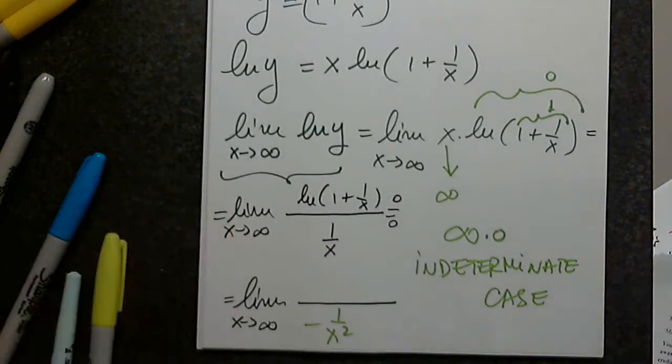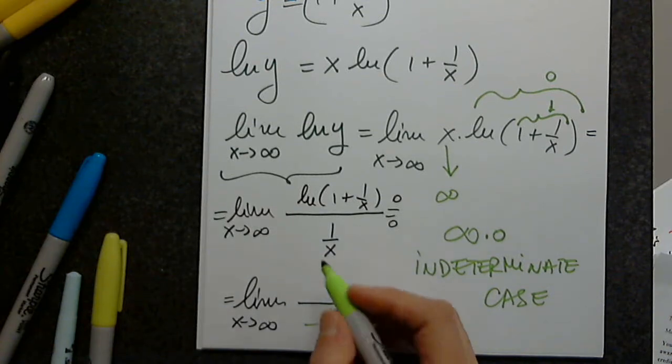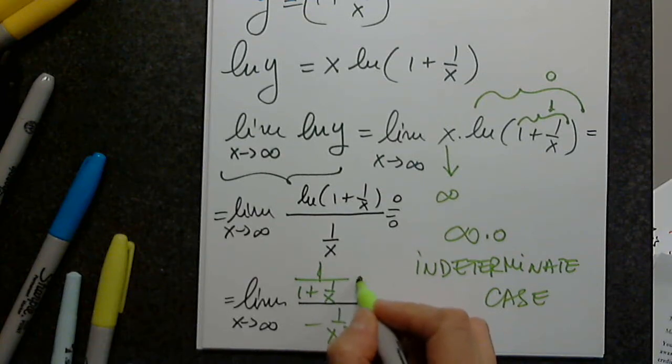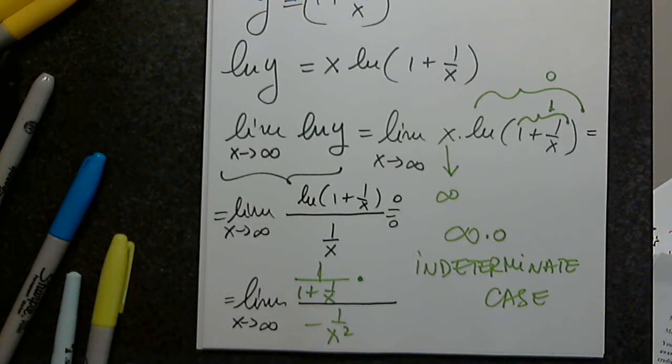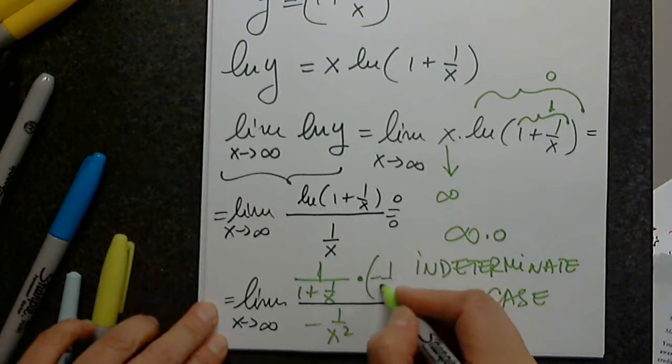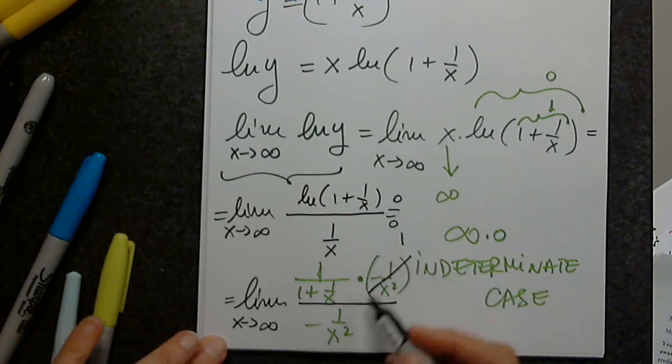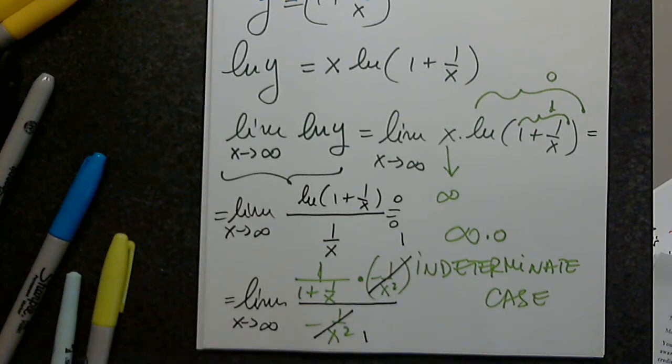So now the derivative of the numerator, please. 1 over 1 plus 4x times. Exactly. But don't forget to put parentheses. And look what happens next. I was able to remove the negative 1 over x squared from the top with the negative 1 over x squared from the bottom.